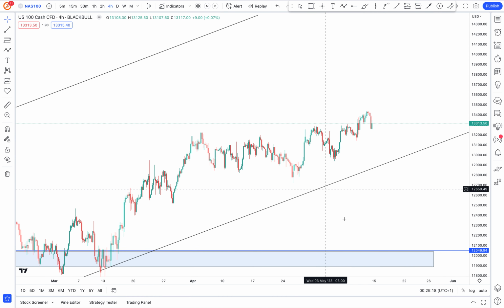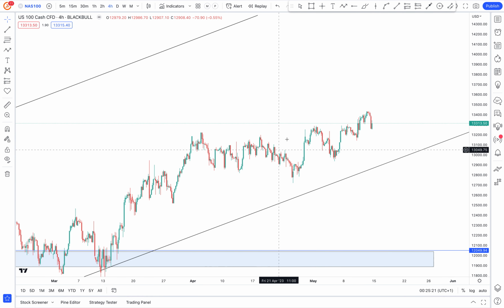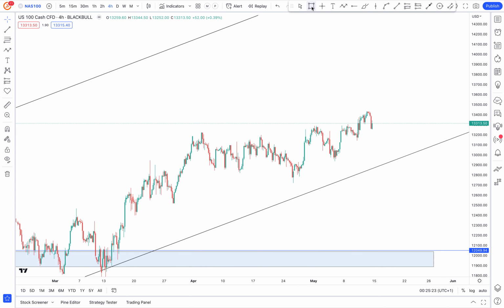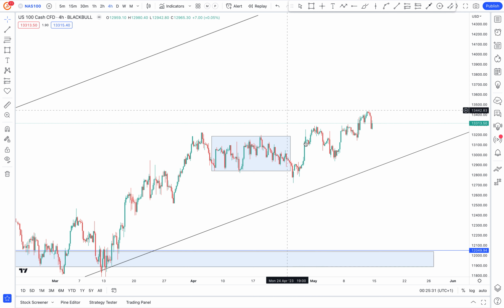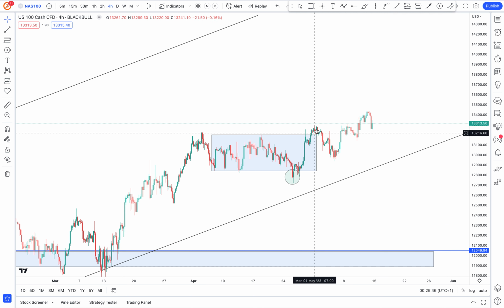So here on the 4 hours, this is what the price has been doing. We have this sort of consolidation around this zone on NAS100, and then we had price breaking through this consolidation down here, taking out stop losses of traders that have been placed here, and then we had this impulse move, this breakout here.